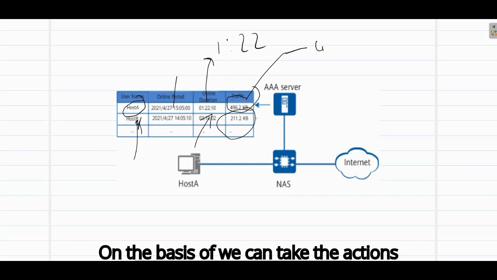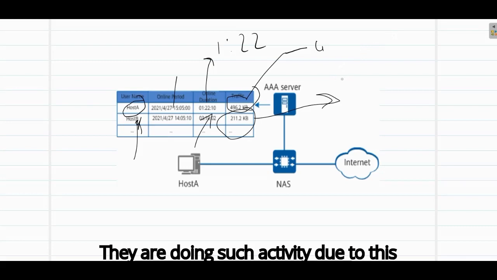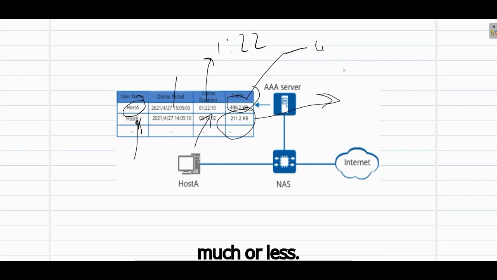On the basis of that, we can take actions on the users. They are doing such activity, and due to these activities the traffic is generated much or less. So this was the AAA framework.